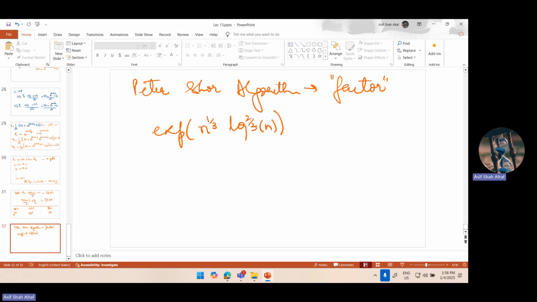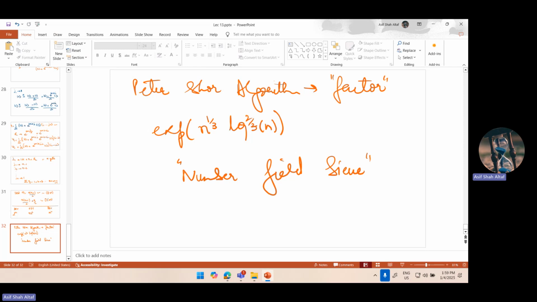This is the computational complexity of an algorithm which is called the number field sieve. This is the best classical algorithm known for factoring, and you can see that it has an exponential computational complexity, thus making it very complicated to factorize.